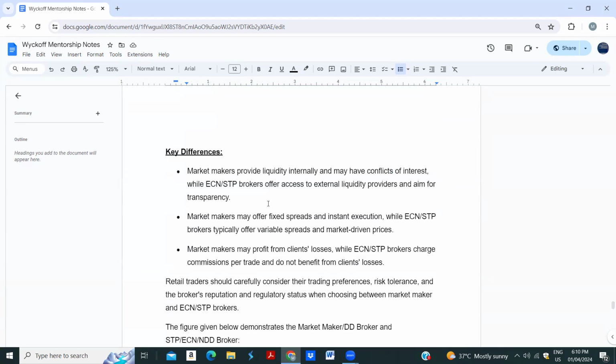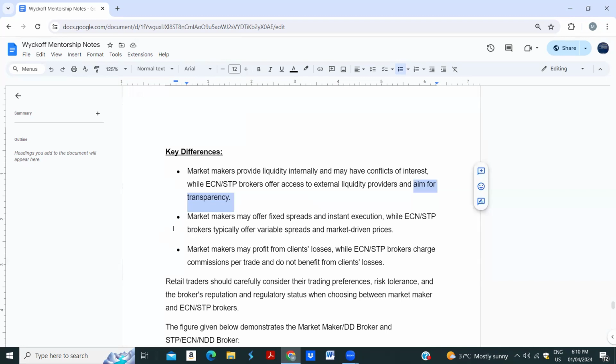So the key differences, we're going to go through the key differences now. Market makers provide liquidity internally and may have conflict of interest, while ECN brokers offer access to external liquidity providers and aim for transparency.